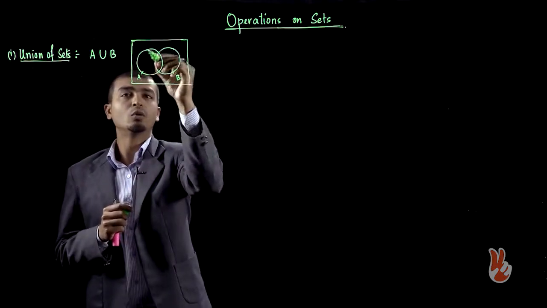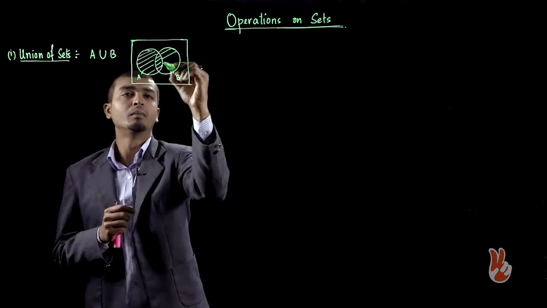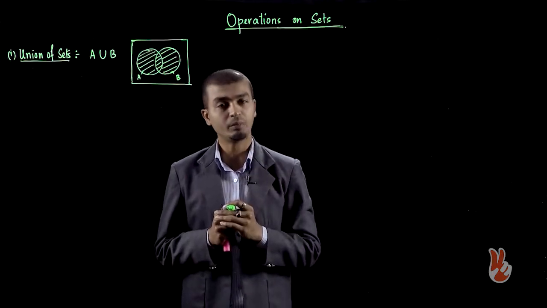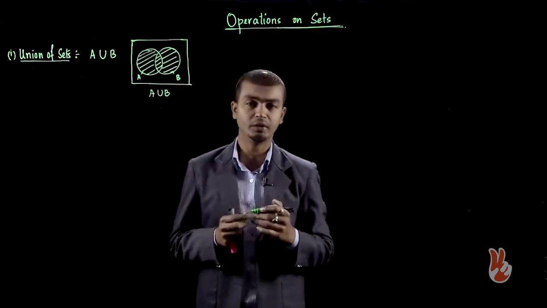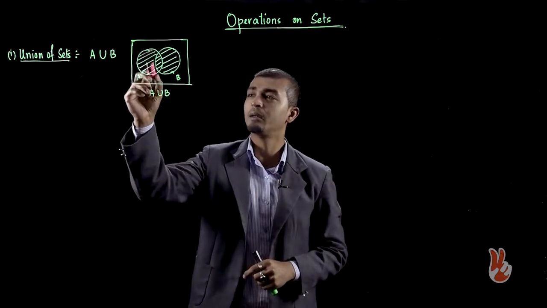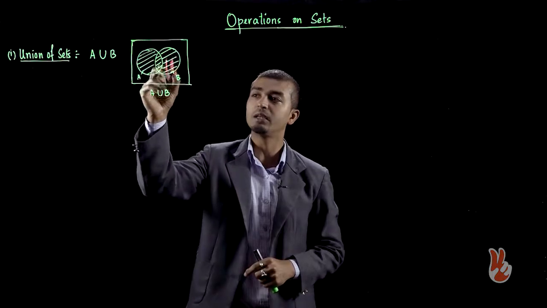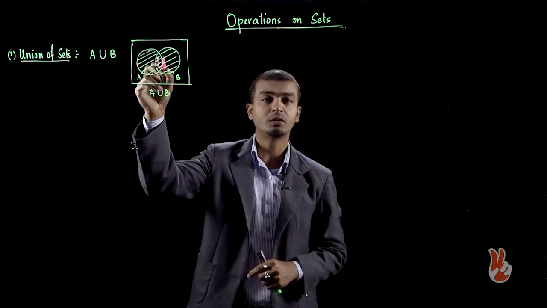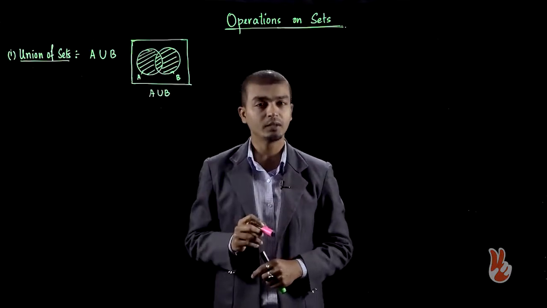Now, this whole shaded area in this diagram will be representing A union B. This is the Venn diagrammatic representation for A union B. Now, if you observe the Venn diagram, then this part represents only A, this part represents only B, and this overlapping area is the area which consists of both A and B. So, combining all the three regions will make it up to A union B.